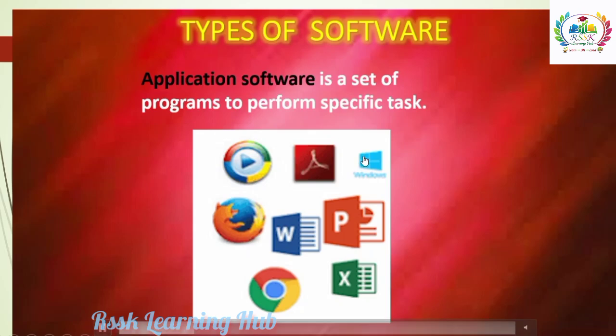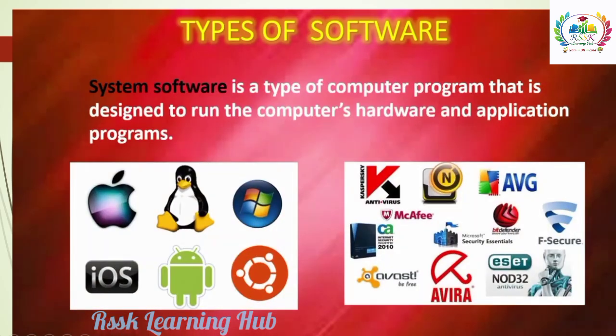Now coming to system software, what are the things included in your system software? A computer program that is designed to run your computer hardware and application programs. So these two things get run using your system software.